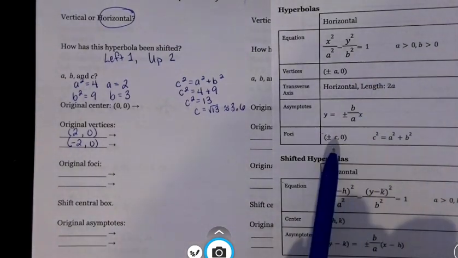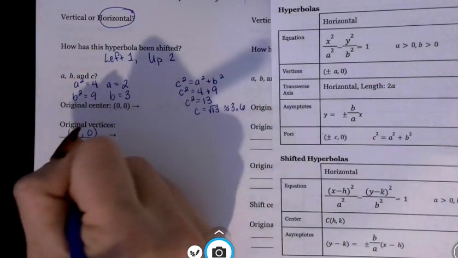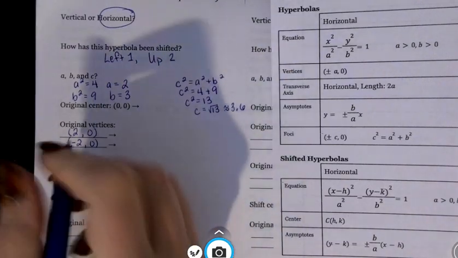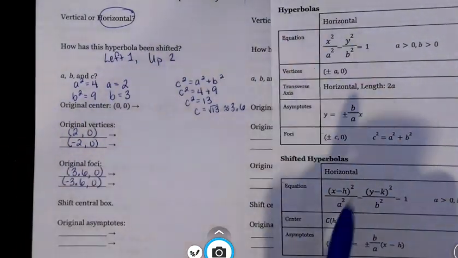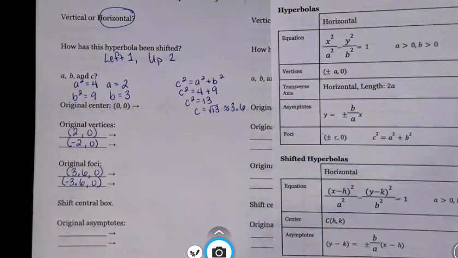My foci are based on my C. We said C was the square root of 13, or about 3.6. So I'm going to use the decimal version. So 3.6 comma 0, and then I also need negative 3.6 comma 0 because we need to have the positive and the negative version according to our formula sheet. This right here, shifting our central box, we're going to talk about that when we actually sketch it out.